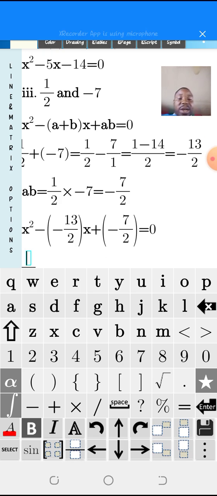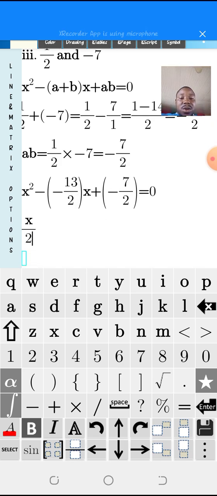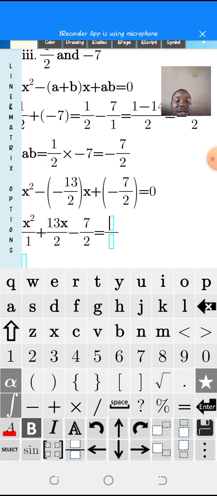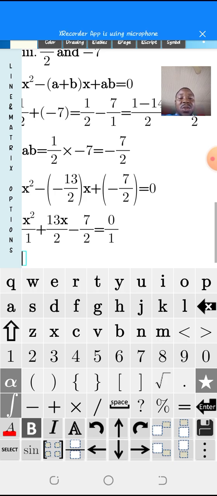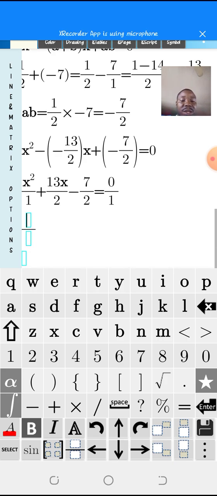So from here, x squared is the same thing as x squared over 1. Minus times minus is going to give us plus 13x all over 2 in this case. And then plus minus is minus 7 all over 2 equals 0. You can make this 0 over 1. So the LCM of 1, 2, and 2 is just 2. And then 2 divided by 1 is 2.